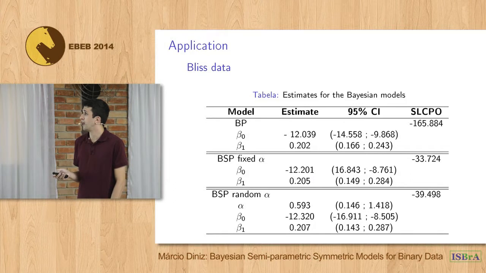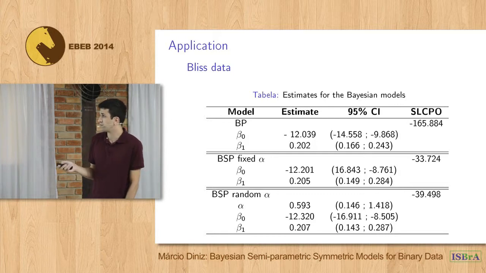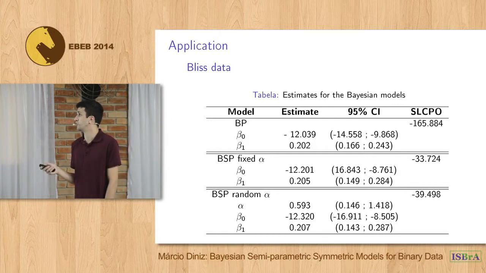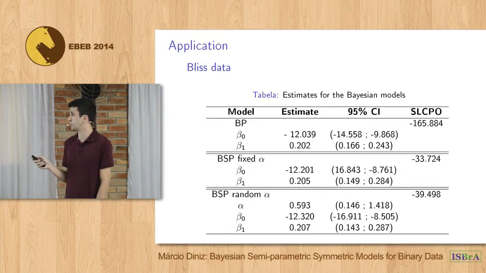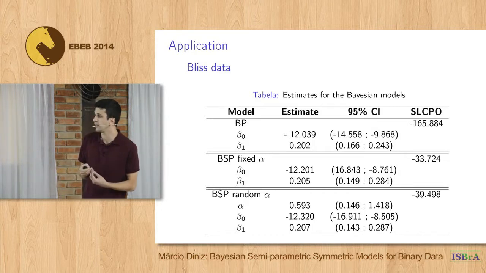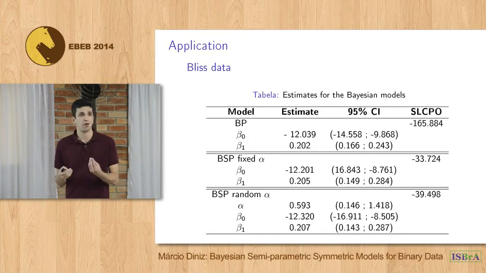And then we have the estimates of the three models. The point estimates are very similar among the three models. The credibility intervals are larger for the Bayesian semi-parametric models because they incorporate the uncertainty around the F distribution, which is natural.